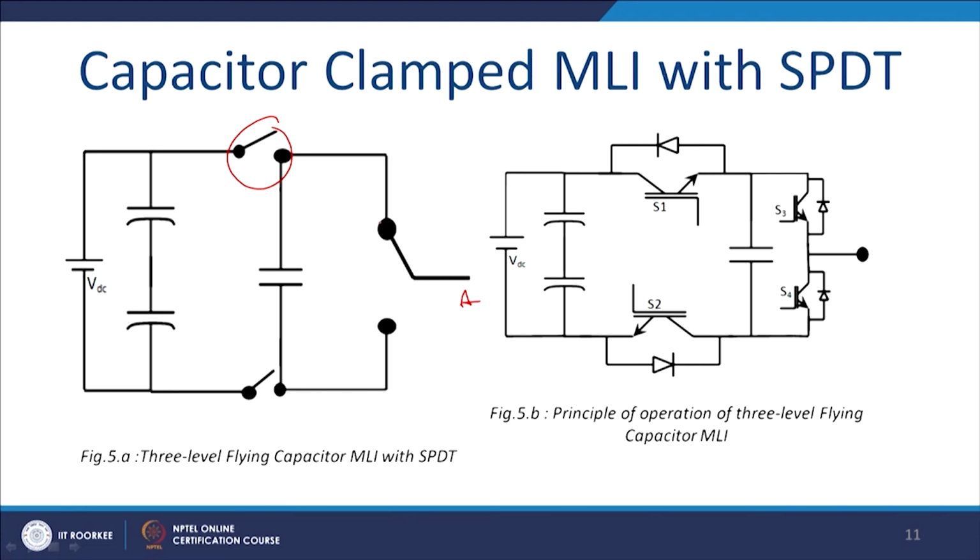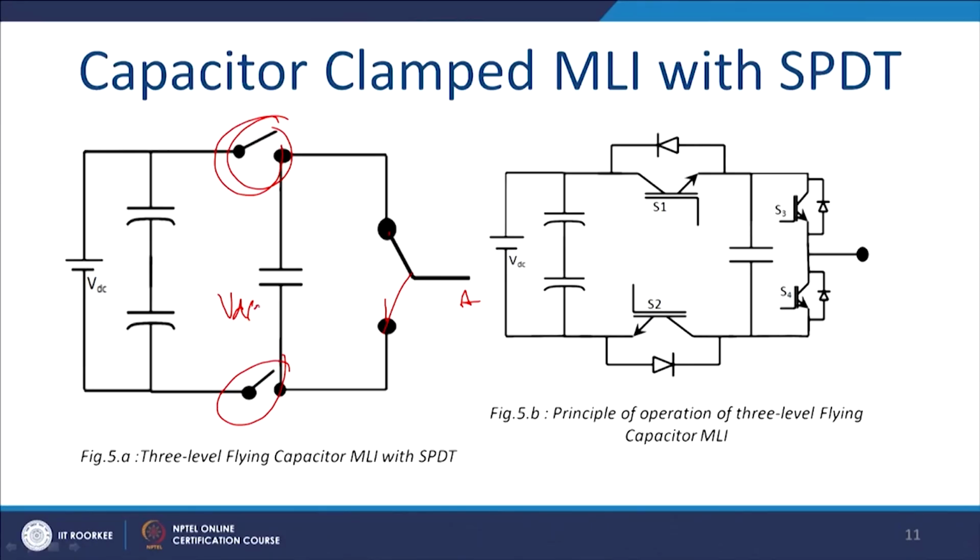Again, similarly, if this switch is closed and if this position is here, it will be connected to the negative of the DC bus voltage. And here you can change the polarity. While you are in this position, if you open this switch and close this switch, then you apply minus VDC by 2; we assume that this voltage is VDC by 2, this voltage is VDC by 2, and this voltage is also VDC by 2.